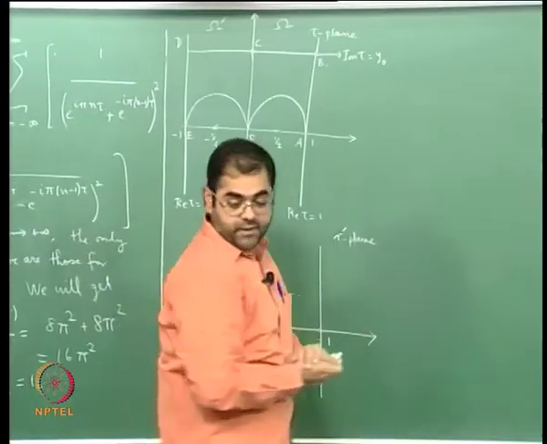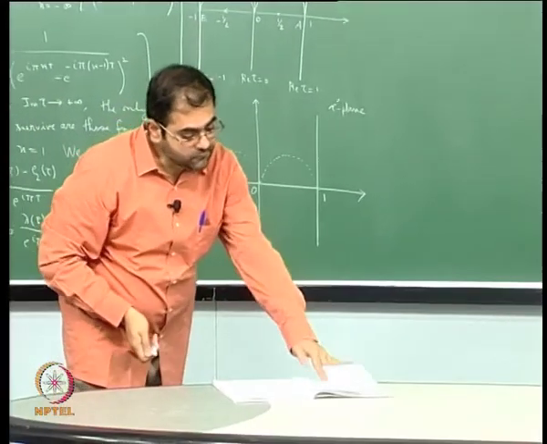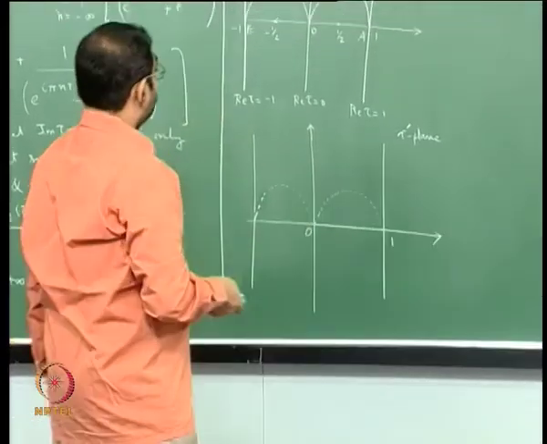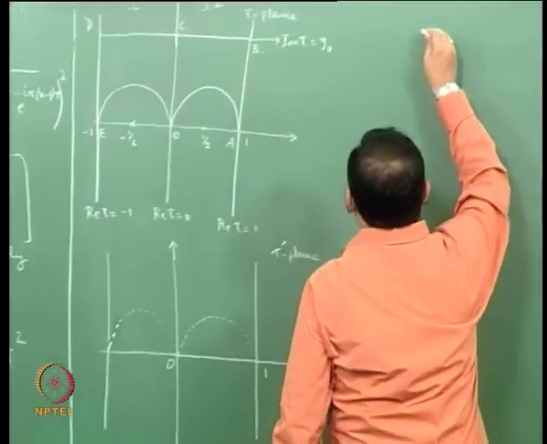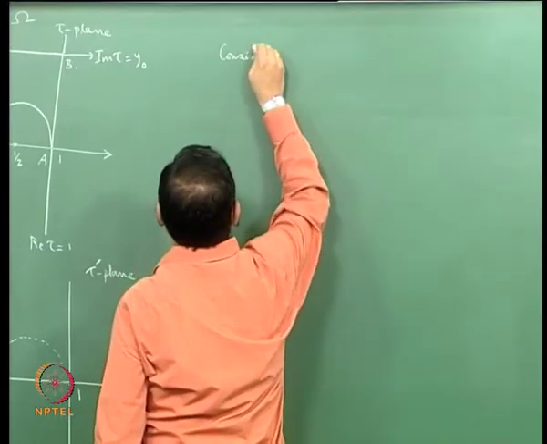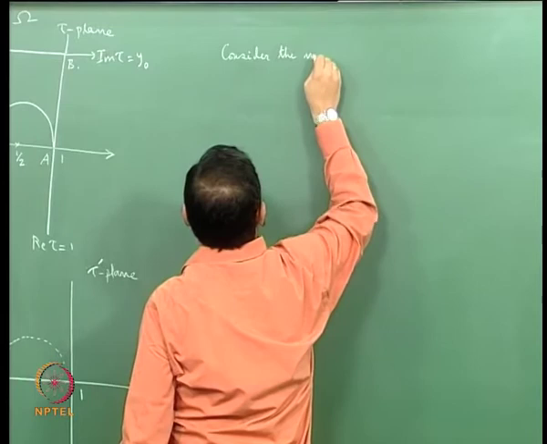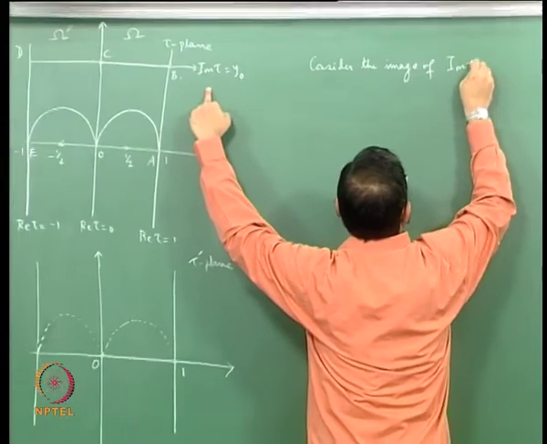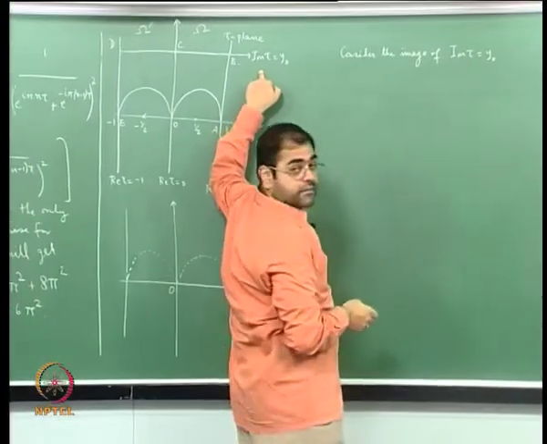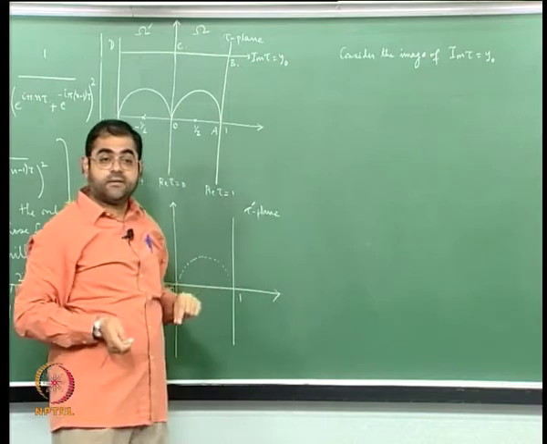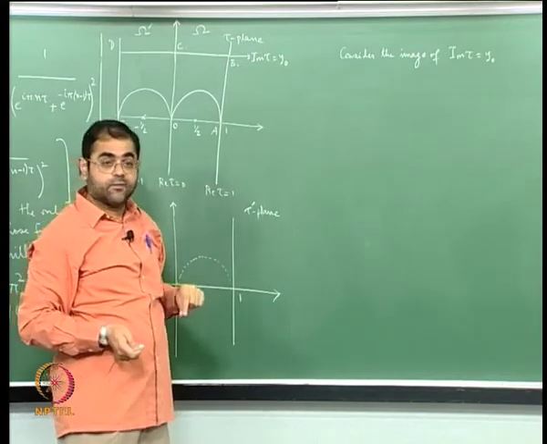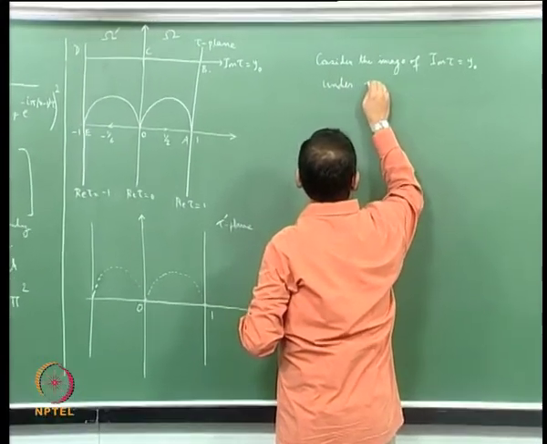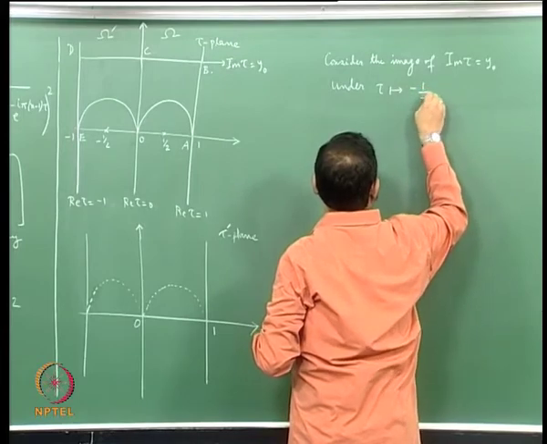So the first thing I want to say is, consider the image of this line, imaginary part of tau is equal to y naught. This line which is parallel to the real axis, consider the image of that under, let us say, tau going to -1 by tau.